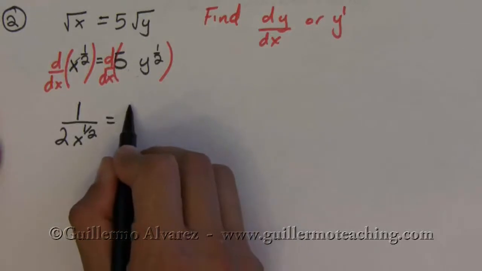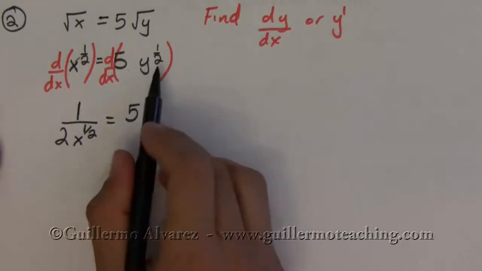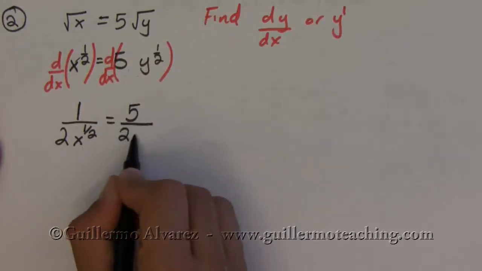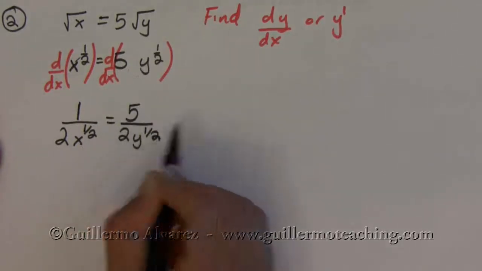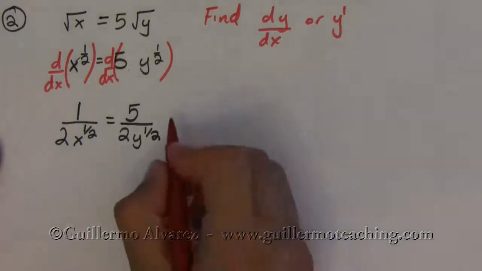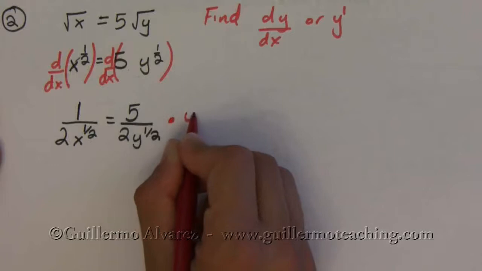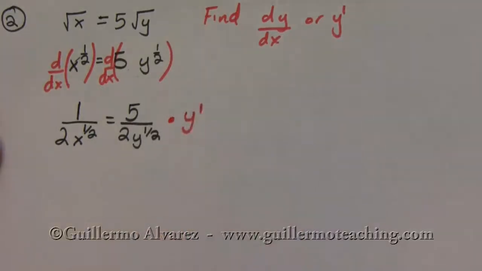Okay, so this equals 5, and if we apply the same little shortcut, we would have 5 over 2y to the 1/2, but then this time, since we got the derivative of y from the chain rule, we have to multiply by the derivative of y with respect to x, or y prime.